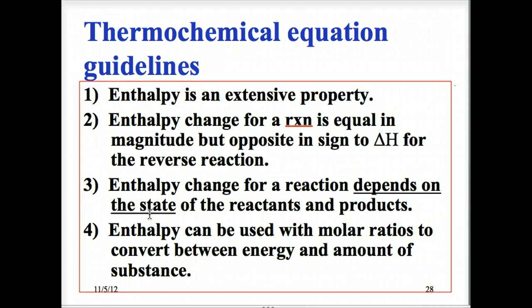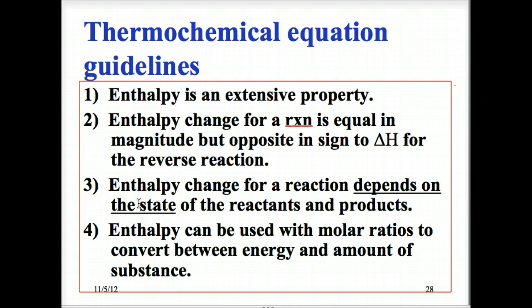I'm not even going to spend much time on this. Enthalpy is an extensive property. Enthalpy for the reverse reaction is equal in magnitude but opposite in sign. Number 2 means that if we switch directions, the enthalpy stays the same, it just has a different sign. The state, or phase, is extremely important.